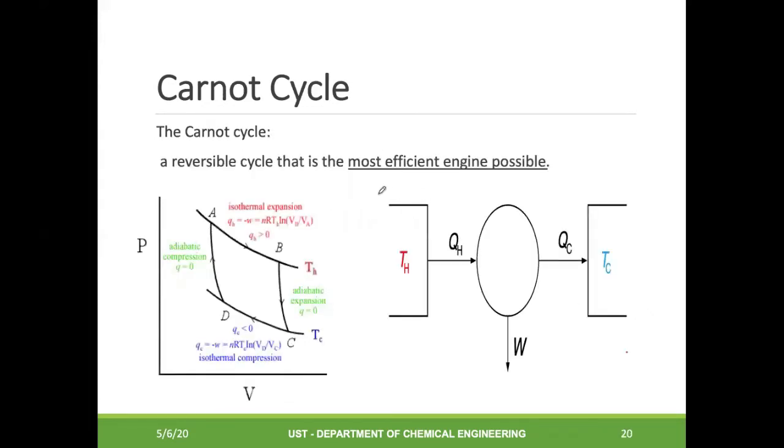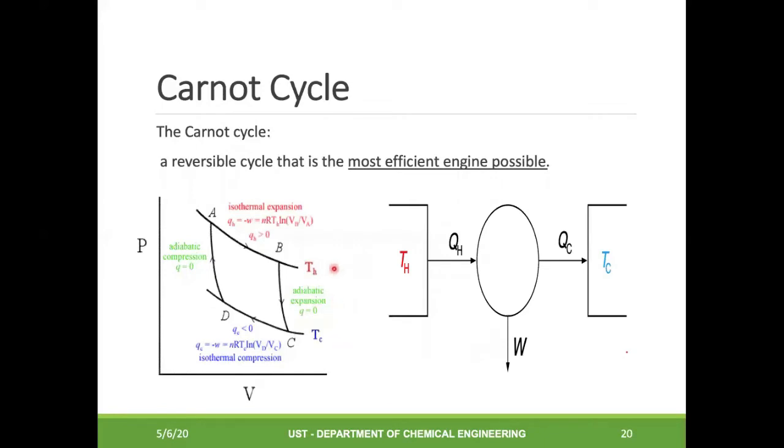Now, the Carnot cycle, as I mentioned earlier, is the cycle of the most efficient engine possible. If we consider the PV diagram on the left, the Carnot cycle consists of 4 steps. Number 1 is the isothermal expansion from point A to point B. The second step is the adiabatic expansion.